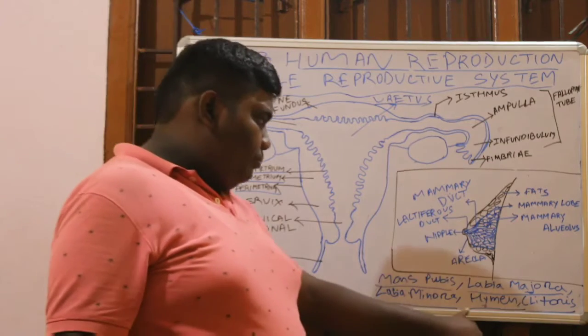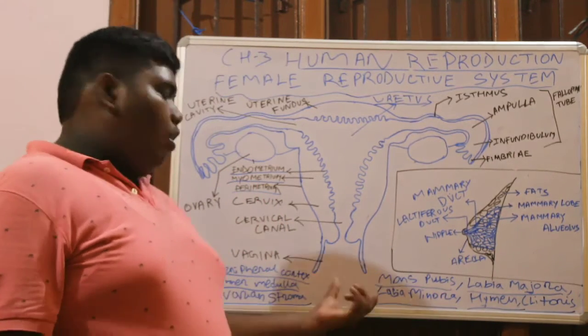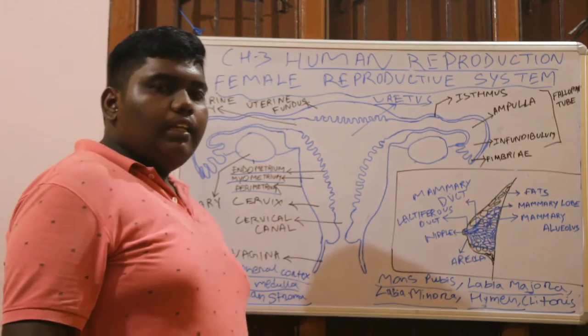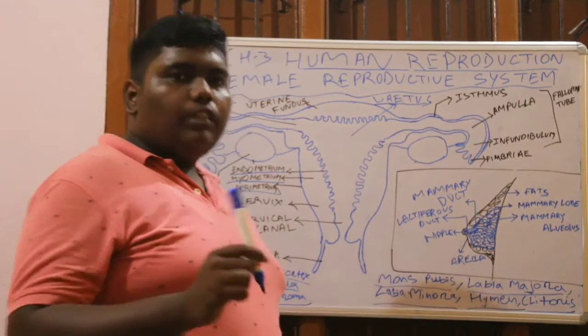Then the hymen. The hymen is a sheath-like covering that covers the vaginal opening. It breaks down during the first intercourse.